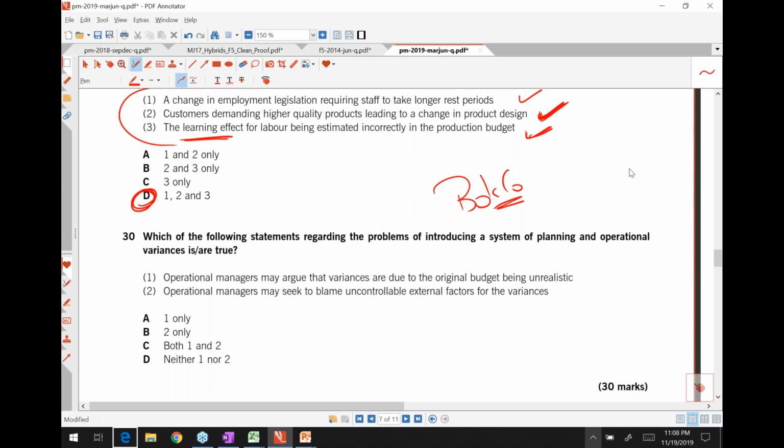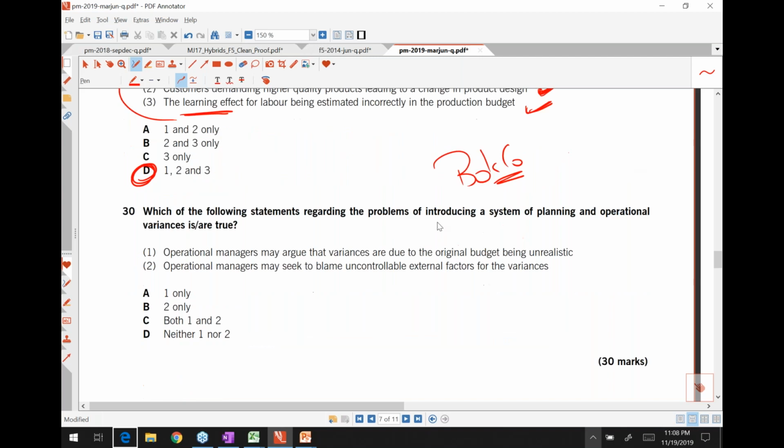Which of the following statements regarding problems of introducing a system of planning and operational variances is or are true? Solve question 30. Statement 1: operation managers may argue that variances are due to the original budget being unrealistic. Is this statement true? Yes, the first statement is true because managers will very simply say that the original standard is wrong.